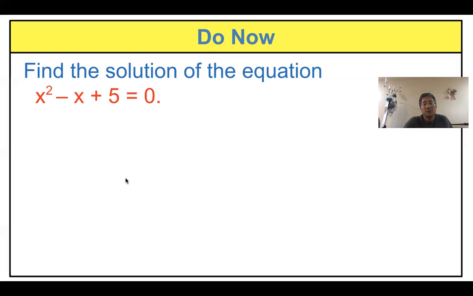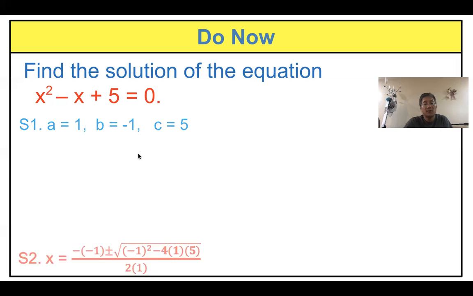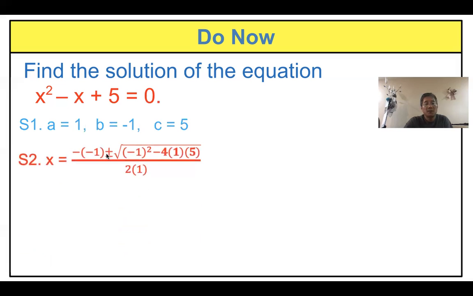So what should you do? Only the calculator can help you. Then you should use what? The quadratic formula, right? So A is 1, B is -1, C is 5, and we put these numbers into the quadratic formula. Negative B plus minus square root of B squared minus 4AC over 2 times A, right?